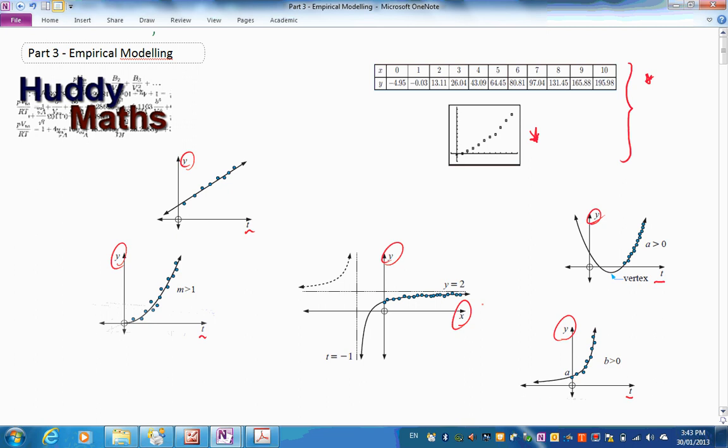I think there are 2 points that we need to make. The first one is that the data points will lie such that the independent variable that's on the x-axis is going to be greater than or equal to 0.